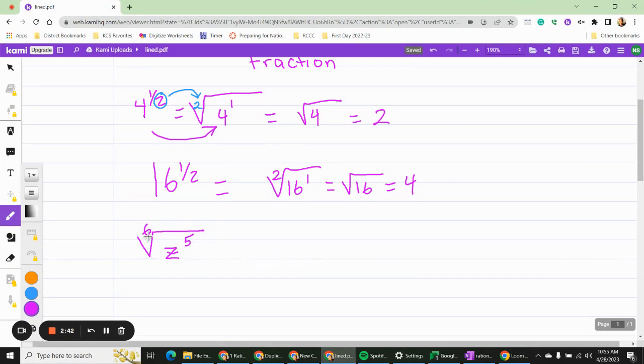If I want to write this with a fraction exponent, or an exponential form, I'm going to take this base z and write it right here. I know I'm going to have a fraction exponent because I have this little root symbol here. And with my fraction exponent, I'm going to take this number 5 and put it on the top of my fraction. And this 6 goes on the bottom of my fraction exponent. So it's z to the 5/6 power.